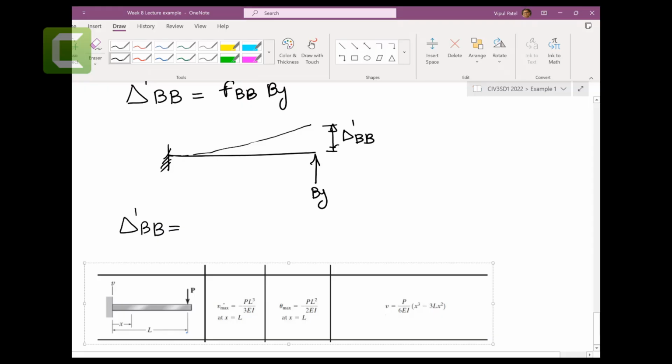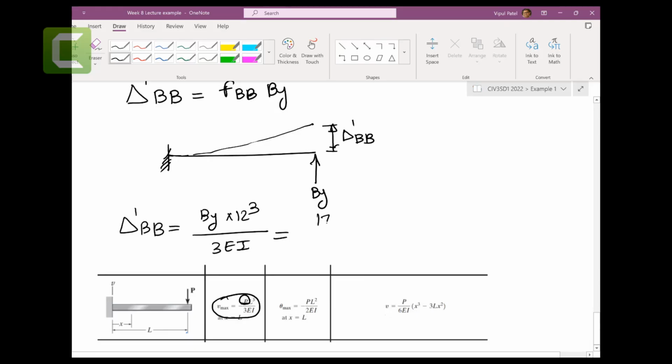We need to find the maximum deflection because we need it at this tip here. So we have P, which is your By, and a length, giving 12 cubed over 3 EI. So 12 cubed gives 1728 By on EI. Divided by 3, you get 576 By on EI.